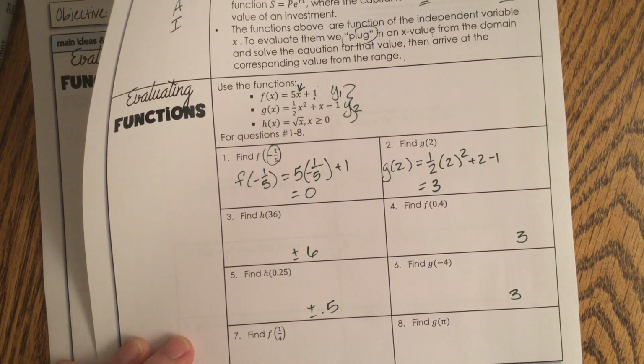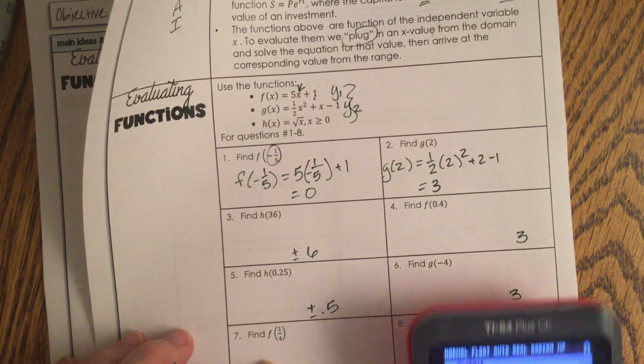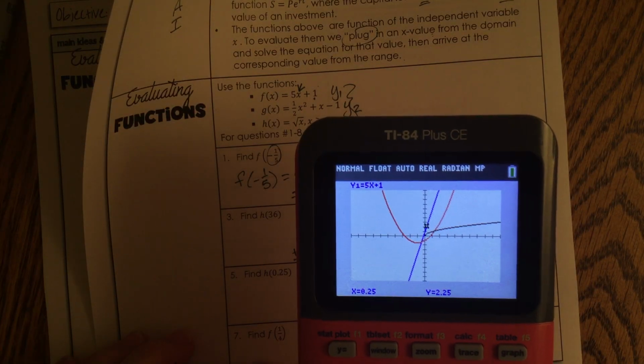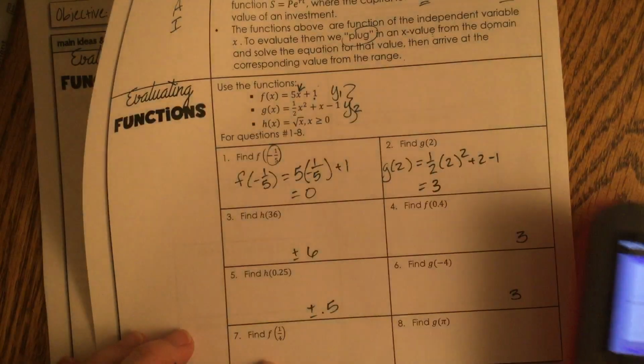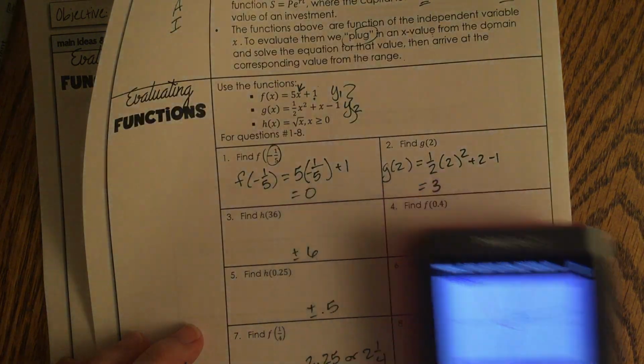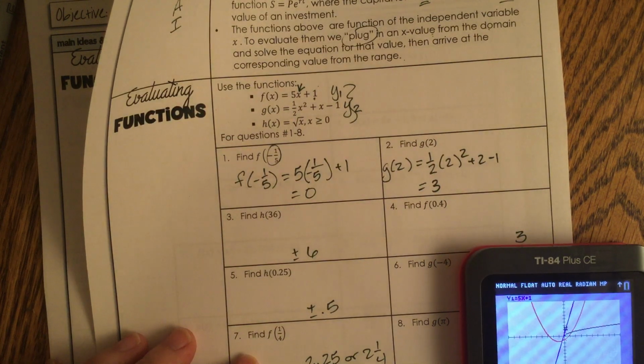Number 5, you would get 0.5 or 1/2. And then for number 6, you would get 3. Okay. For number 7, I get 2.25 or 2 1/4.